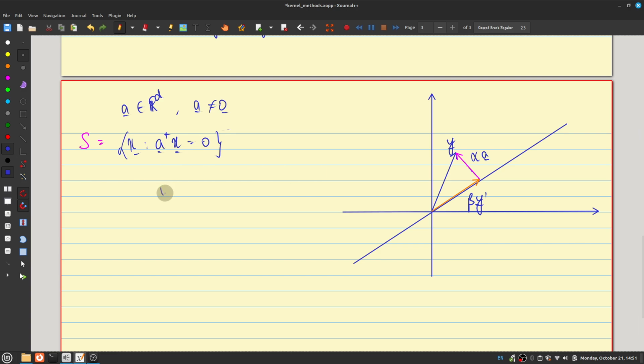You know that the vector y is equal to alpha times A plus beta times y prime. It's a subspace of dimension d minus 1, and everything belongs to R to the power d.